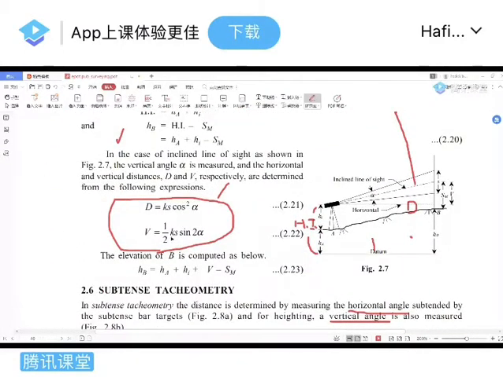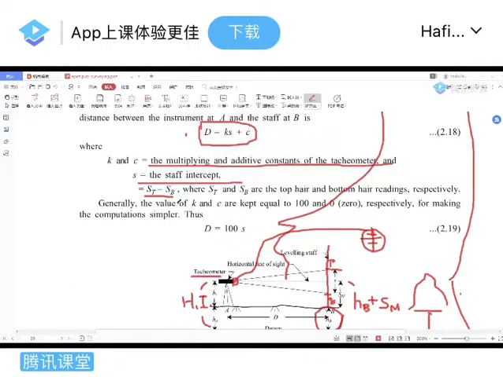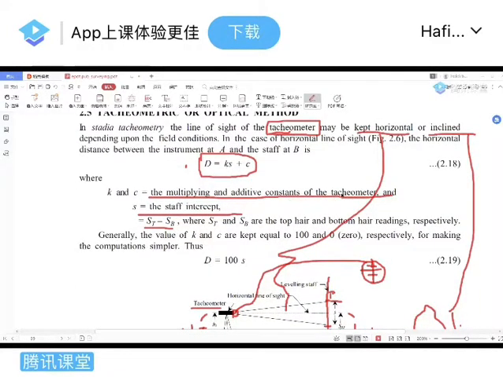Here, you know, there is something called V calculated like this, and D being calculated like these two formulas. That would be good enough. Later on, if they really give you more information on K, K is related to the machine itself. That's the reason they don't give you K, because the constants of the tachymeter, K and C, come equipped with this machine.